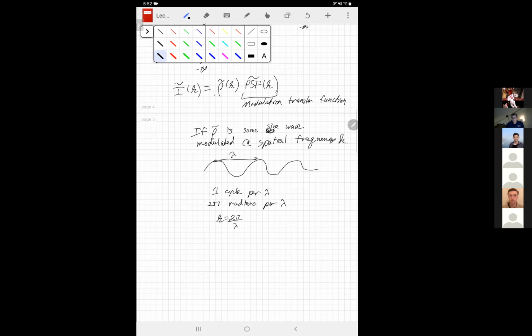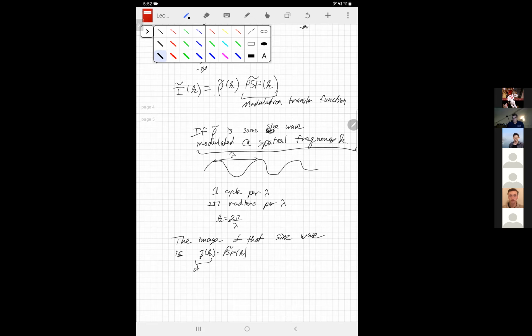So if I have some sine wave modulated at a spatial frequency k, the image of that sine wave is rho tilde of k times PSF tilde of k.